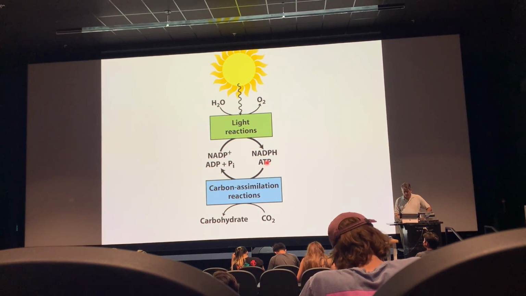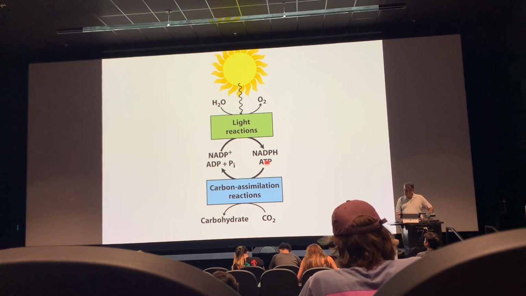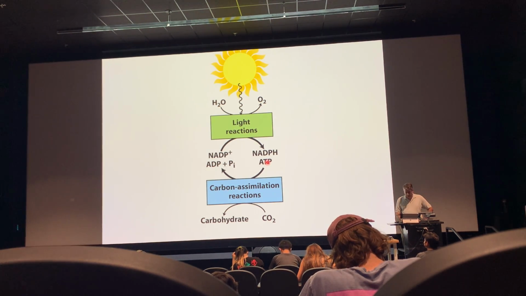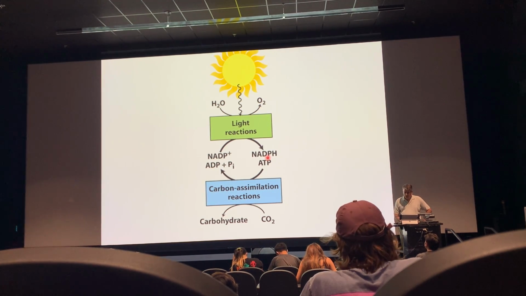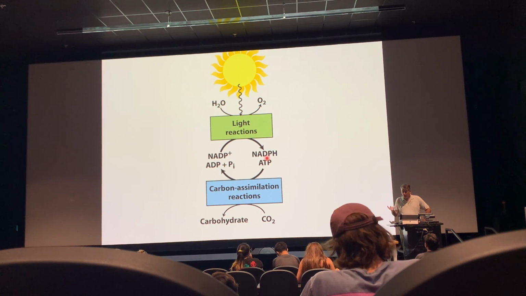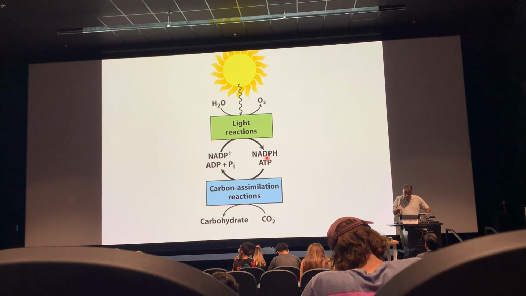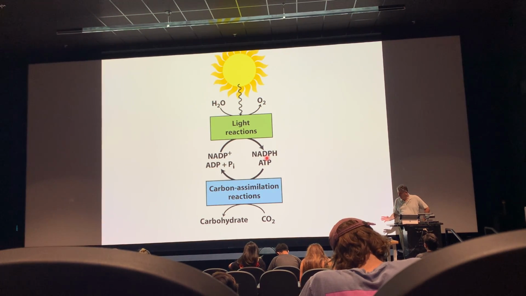ATP, that we're familiar with, is a source of chemical energy that can be used to do things in cells. And NADPH, this is the cousin of NADH. So it has an extra phosphate group on it, but that phosphate group has a -2 charge, and the enzymes that use NADPH are never confused with NADH.